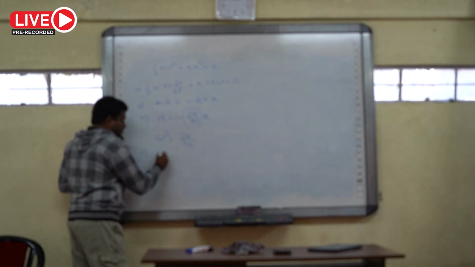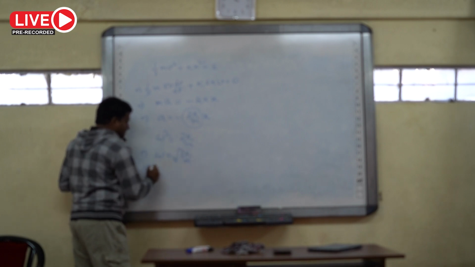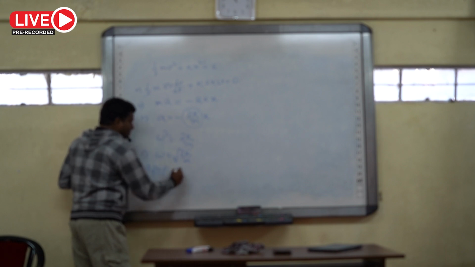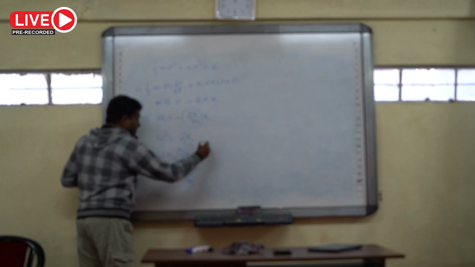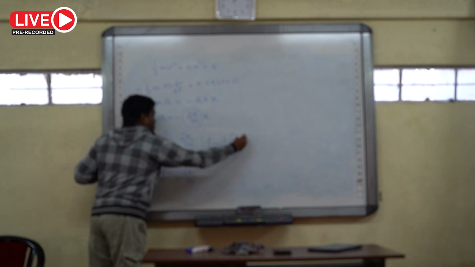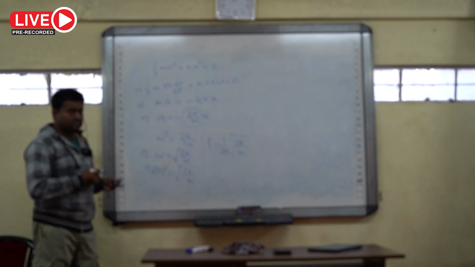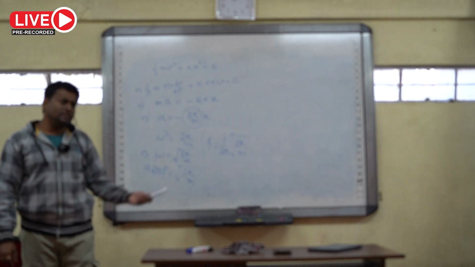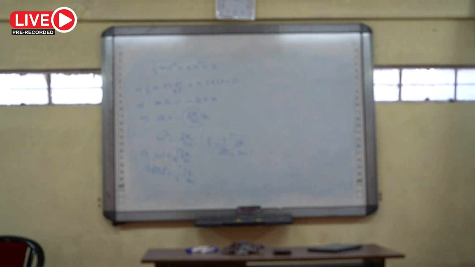So omega equal to root over 2k by m, but omega means 2 pi into natural frequency, equal to root over 2k by m. So natural frequency f equal to 1 by 2 pi root 2k by m. If time period is required, the inverse of this is the time period, 2 pi root m by 2k.